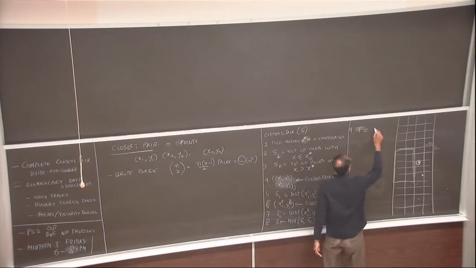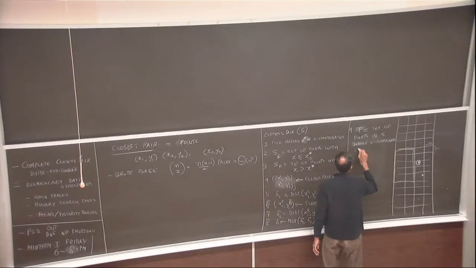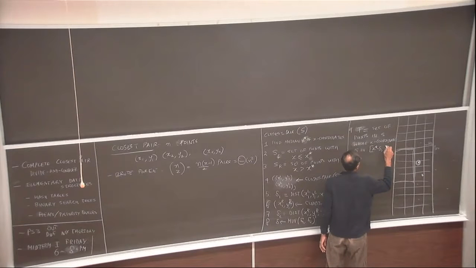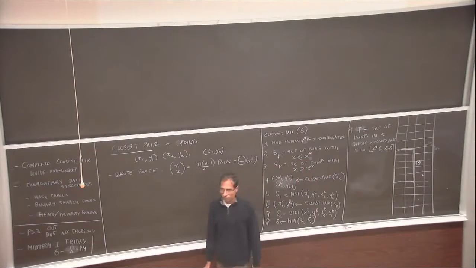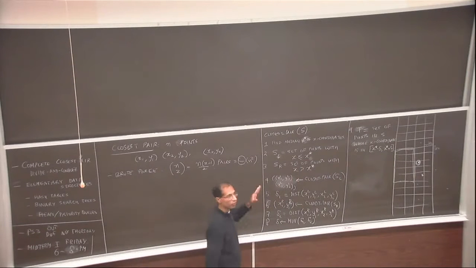So T equals the set of points in S whose x coordinate is in the region x star minus delta and x star plus delta. And I'm writing that, but it's clear to you how we are doing it.